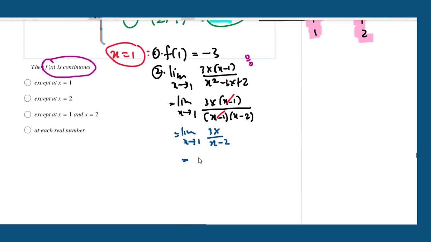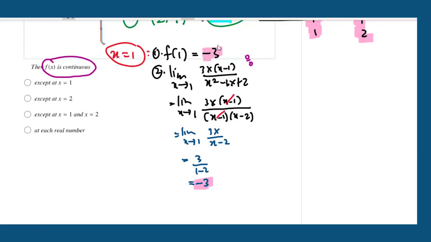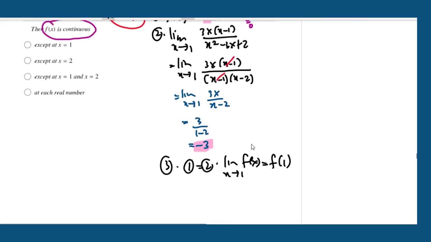Substitute: 3 over 1 minus 2 is equal to negative 3. Number 1 and number 2 are equal. So the third condition is the limit of f(x) as x approaches 1 is equal to f of 1. Therefore, f is continuous at x equal to 1.